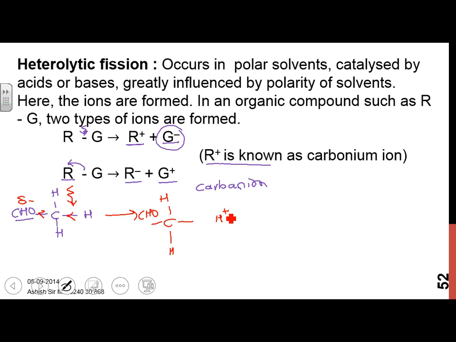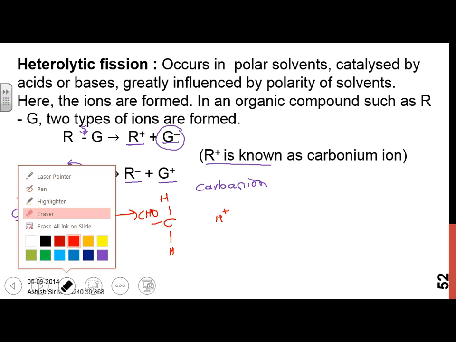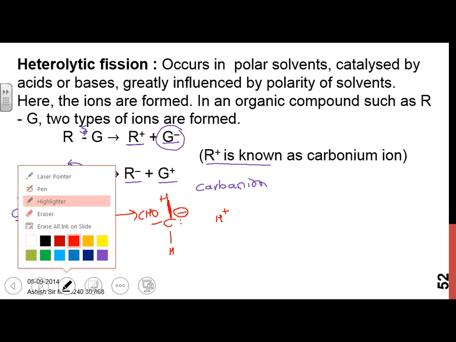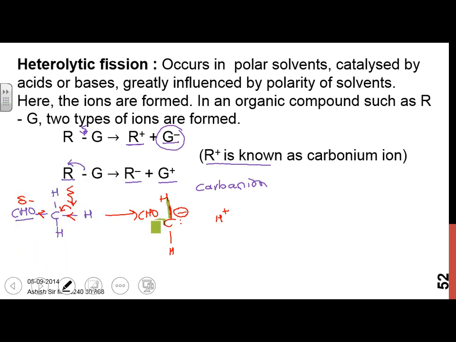During breaking of this bond, the electron pair shifts to the carbon. That's why carbon has an extra electron pair. Or I may write it the other way: it's an electron pair and it develops a negative charge, so we have a carbon with a negative charge. Not only that, it has three bonded electron pairs and one non-bonded electron pair.